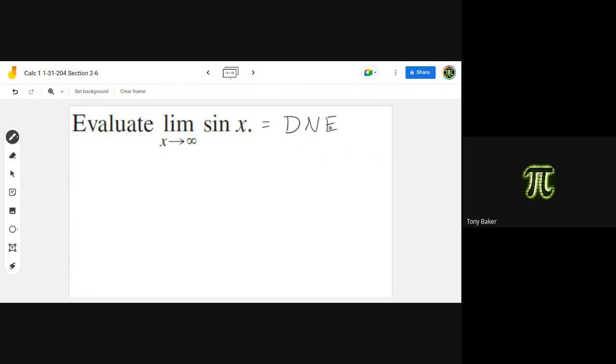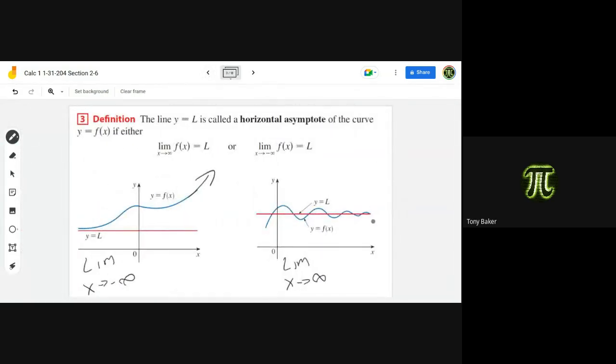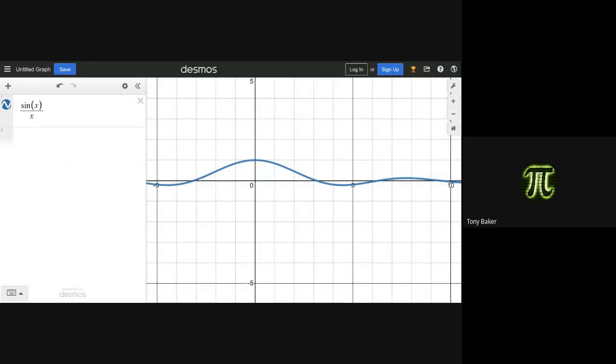Okay. So remember, you're looking at what it's going to. Now, we had one at the beginning that oscillates, but notice how it's oscillating. It's getting smaller and smaller. That's like sine of x over x.